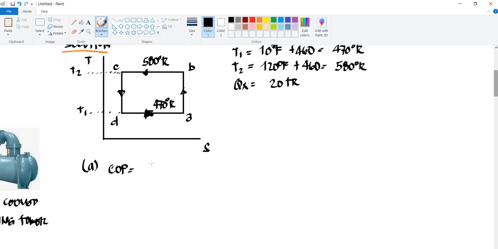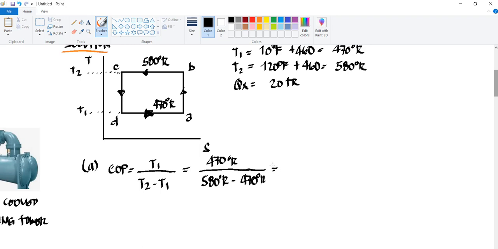So remembering that the equation for COP, that will be the temperature T1 divided by the change in temperature between T2 and T1. So substitute the value we have for T1, which is 470 degrees Rankine, divided by your T2, that will be 580 degrees Rankine, minus your T1, that will be 470 degrees Rankine.